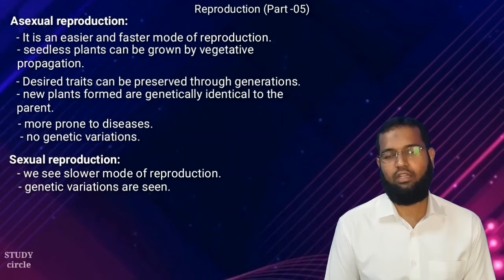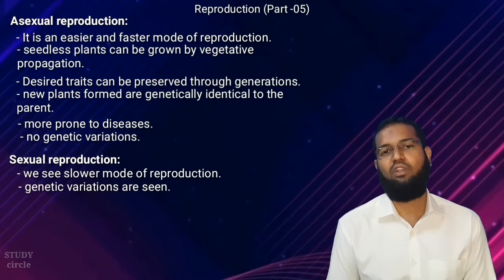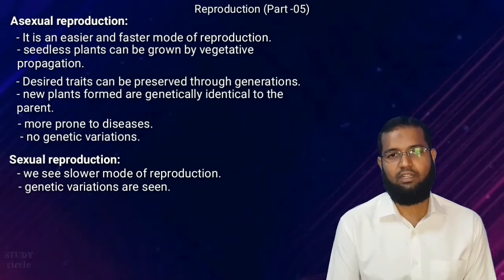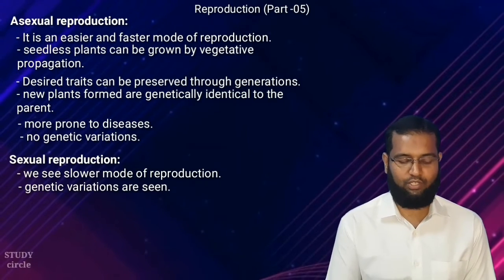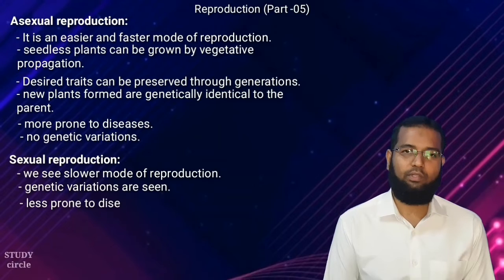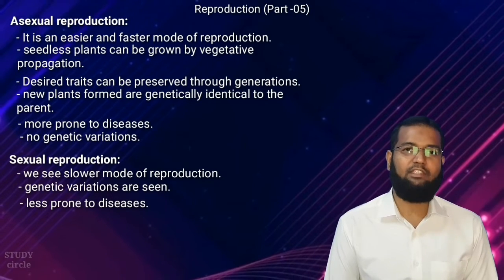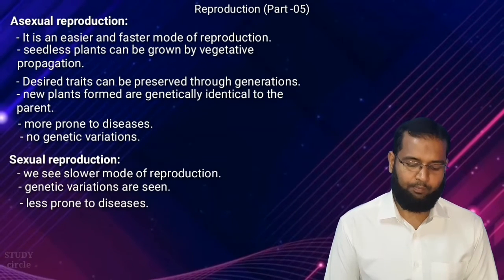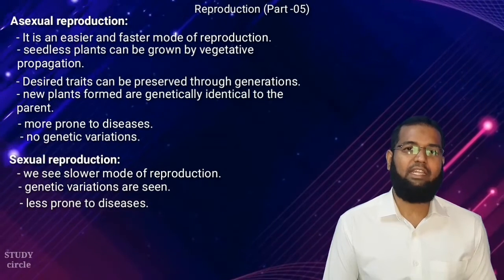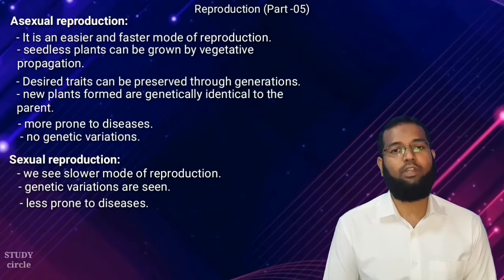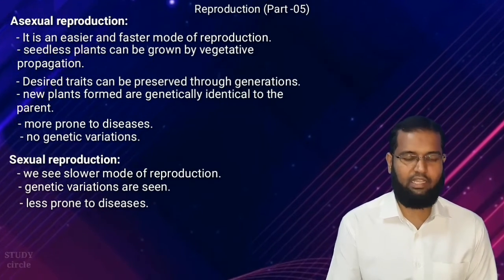That means a new character, which is not available in the father as well as in the mother, you will see in the child. They are less prone to diseases. That means the mechanism by which reproduction takes place has an inbuilt mechanism to protect from diseases. That is the reason they are less prone to diseases.